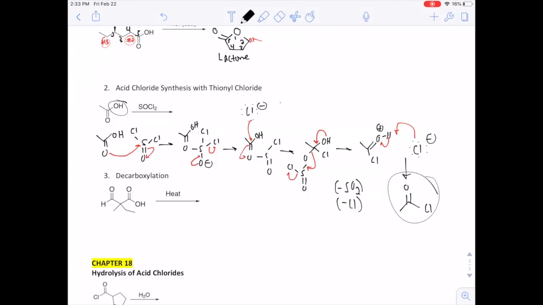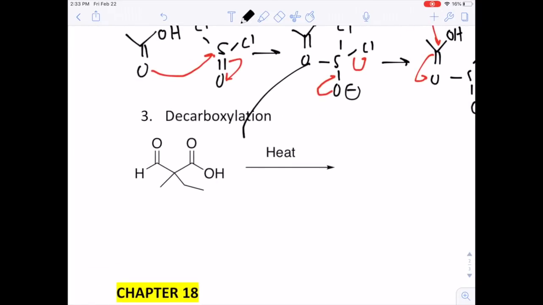And we said that the driving force of this reaction is those lone pair electrons on the oxygen resonating in and kicking off that leaving group to form SO2 and a source of chloride. And then that chloride can be used to do an acid-base reaction with that H on the carbonyl group to form your acid chloride.